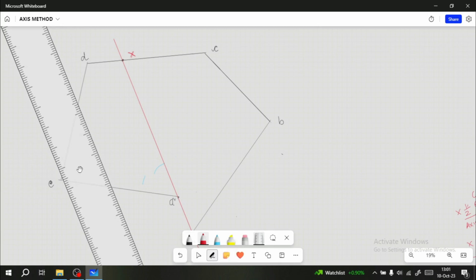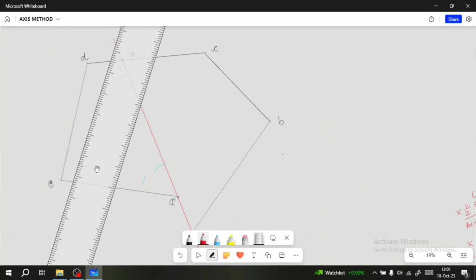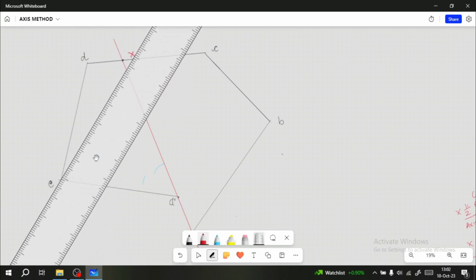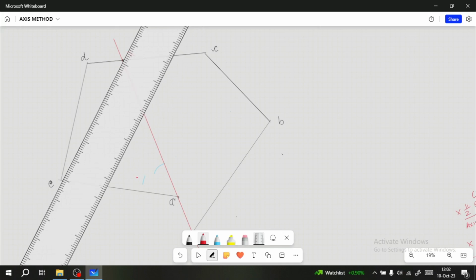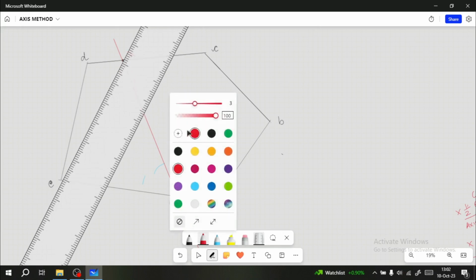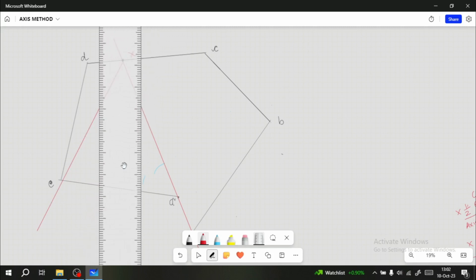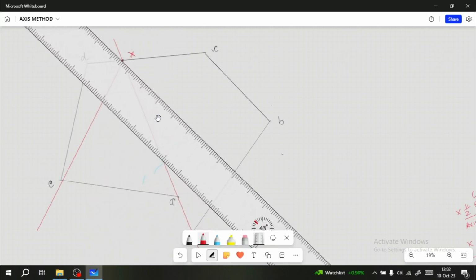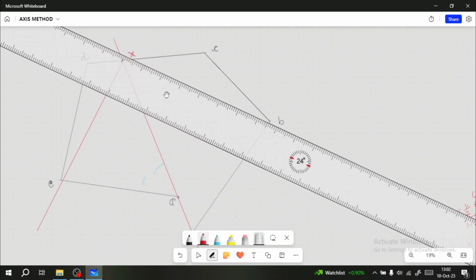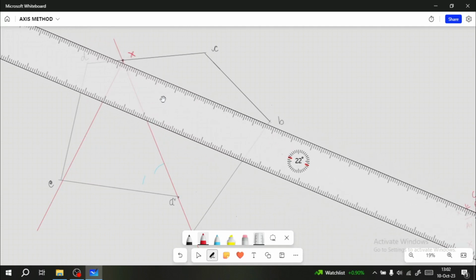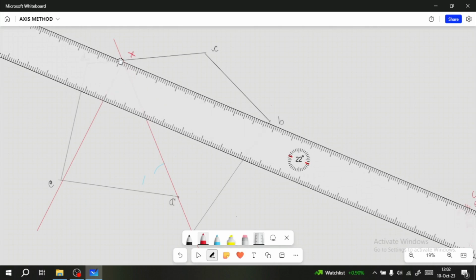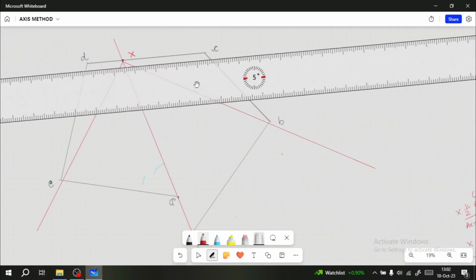Before that, we will join the other vertices of the traverse from X, approximately passing through E. Similarly, I will draw the other lines, and from X we will extend them to the D and C vertices.